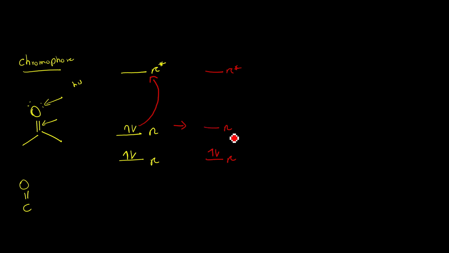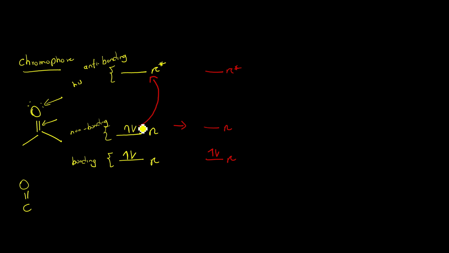Now for simplicity, this is the bonding orbital, this is the anti-bonding orbital, and this is the non-bonding orbital, which represents the lone pair on the oxygen.